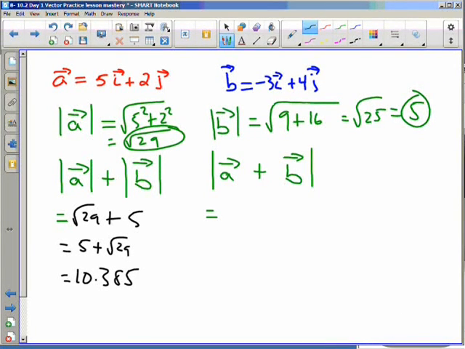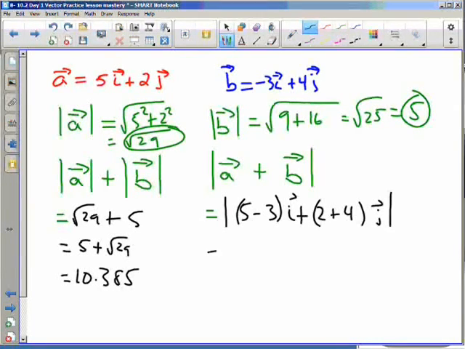When we look at the magnitude of the sum first, we actually have to go back and look at components. So the magnitude of vector A plus vector B: vector A is going to be 5 plus vector B's component for i, which is negative 3, plus 2 plus 4 for the j.